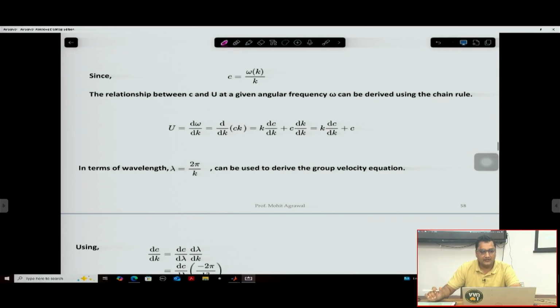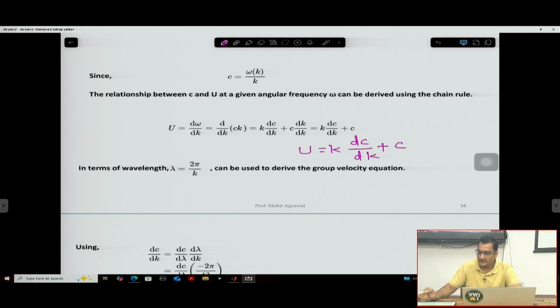Thereafter we derived the relationship of group velocity with respect to wave number and the phase velocity. This was the relation we saw: u is equal to k dc by dk plus c.